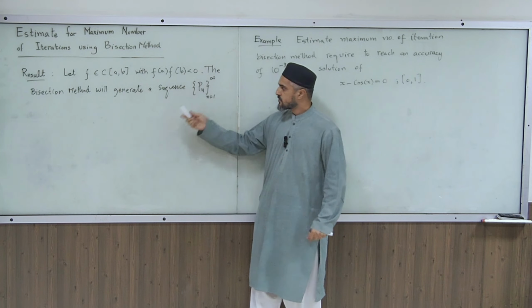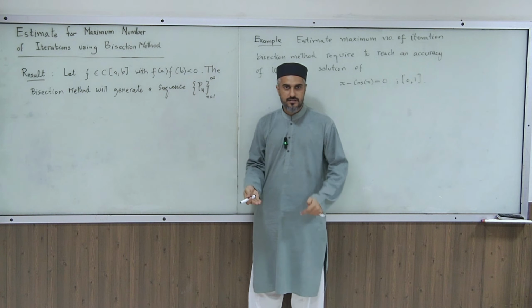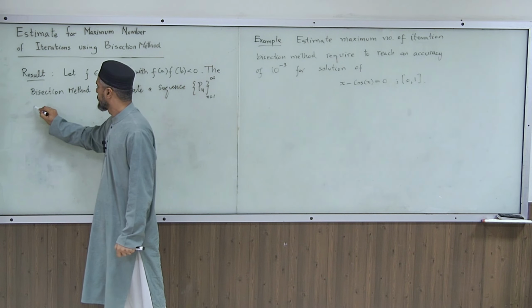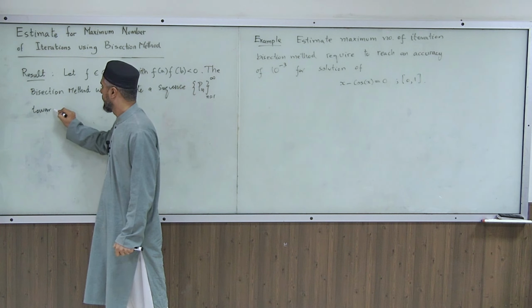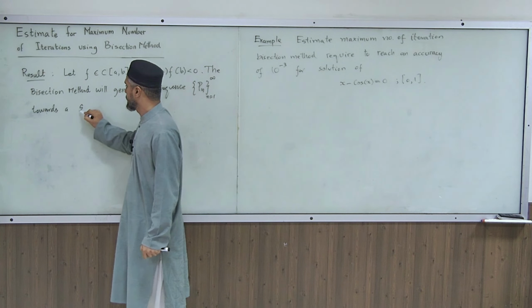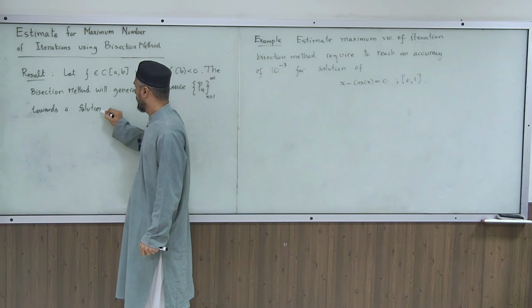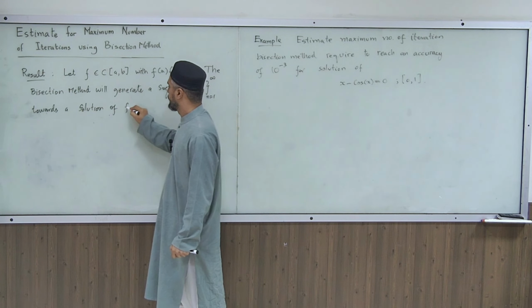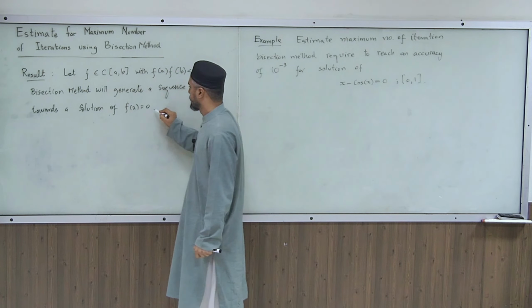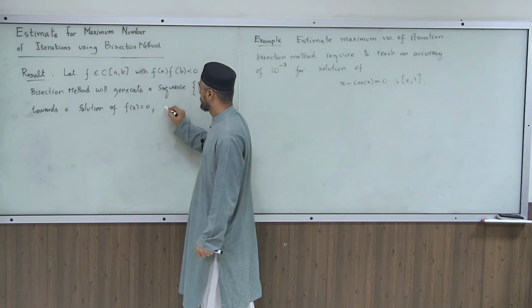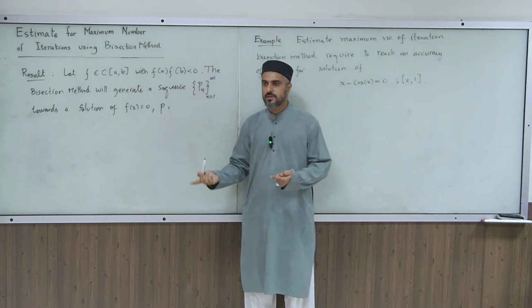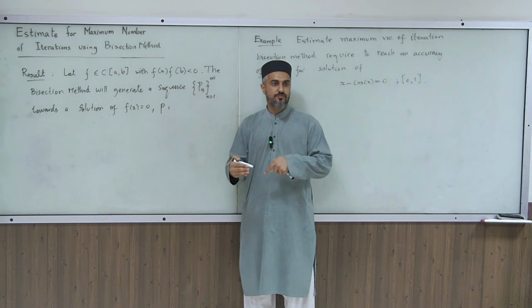Okay, so the bisection method will generate a sequence towards a solution of f of x equals 0. Let us call that solution p. So p is a point where f of p is 0.